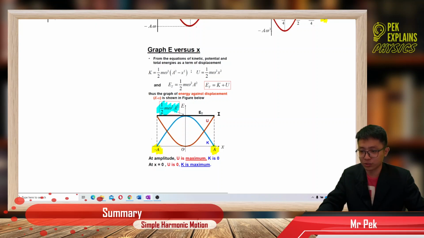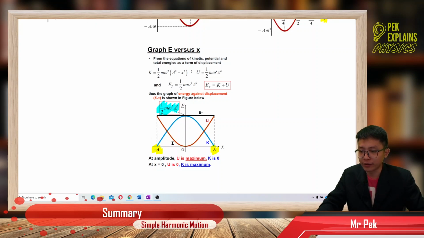The total energy is a straight line because it's always constant, half m omega square A square. That's why here we need to label half m omega square A square. This part is displacement, so it's amplitude.